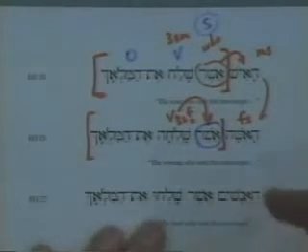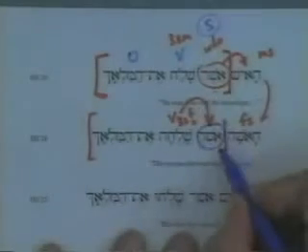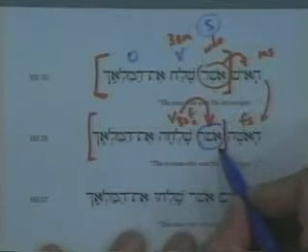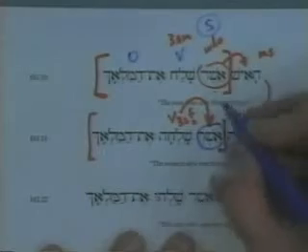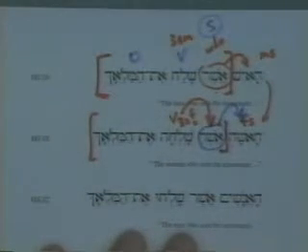Answer, you don't. By looking at it, because one size fits all, the same asher works whether it's masculine or feminine. The only way you can tell that asher is feminine is by realizing its antecedent is feminine. But it in itself isn't going to tell you that.